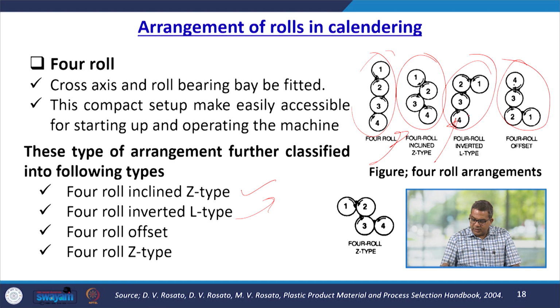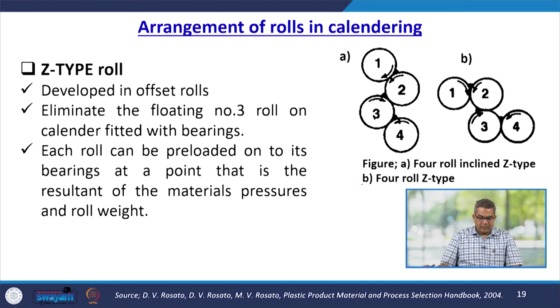This is the inverted L, you see, like this. This is the Z type, four roll offset, and four roll Z type. The Z type of roll developed from the offset roll. Here you see the four roll inclined Z and four roll Z type.